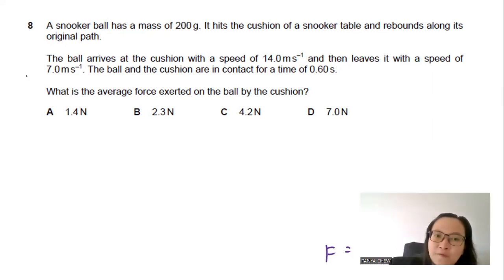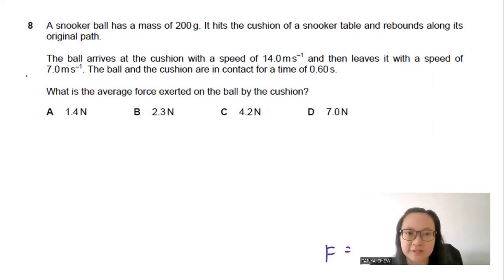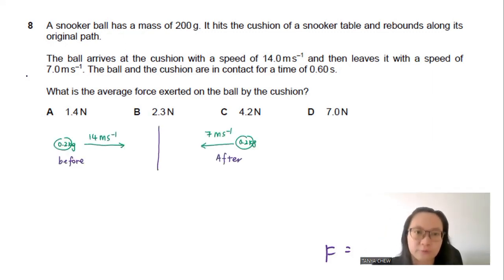What is the average force exerted on the ball by the cushion? To solve this type of question, you need to sketch a diagram at least. I always sketch a diagram because I can see it clearer, and I can put in all the information needed, because there's a lot of information given in one question here.